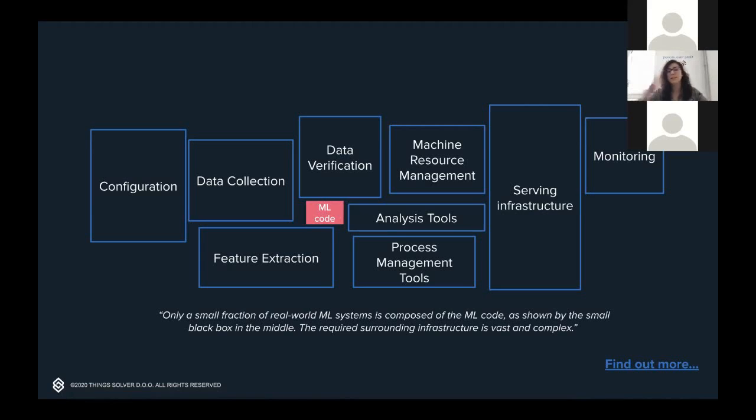The rest has to do with infrastructure, configuration, streaming, data preparation, monitoring, visualization, interactive dashboards. So a lot of other components that are way bigger than the machine learning code that you really develop when you're dealing with a real-world machine learning problem.